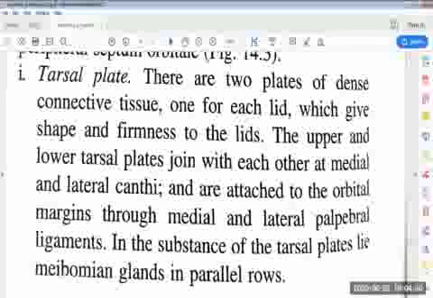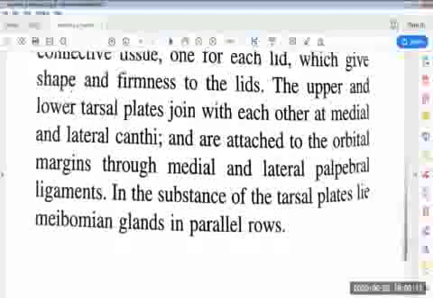The upper and lower tarsal plates join with each other at the medial and lateral canthus. These two plates will join at the two canthi and are attached to the orbital margins through the medial and lateral palpebral ligaments. In the substance of the tarsal plates lie the meibomian glands in parallel rows.